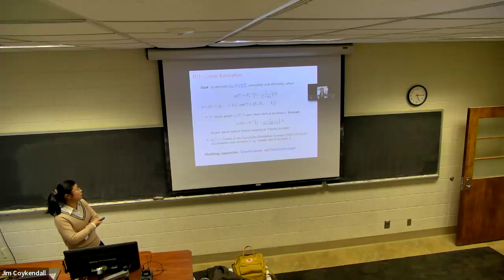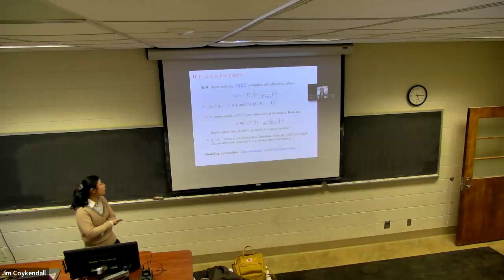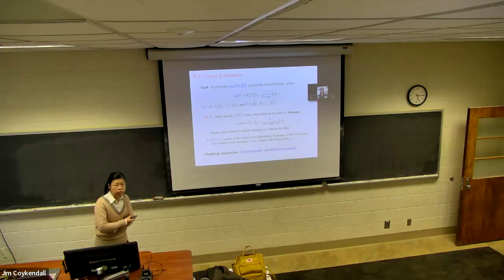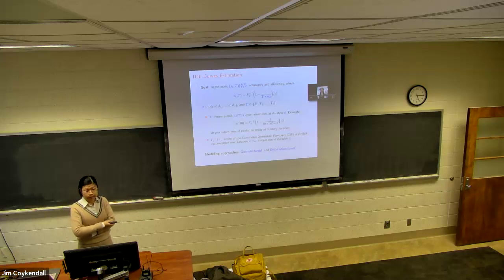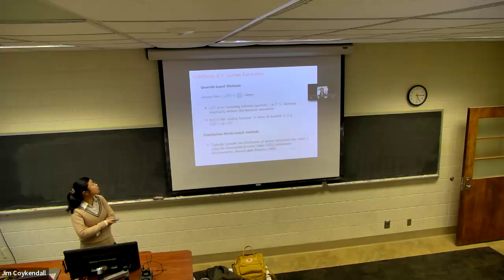Once we get this function, everything else is given, then we can calculate this step. To estimate this F, two popular ways are the quantile-based method and the distribution-based method.